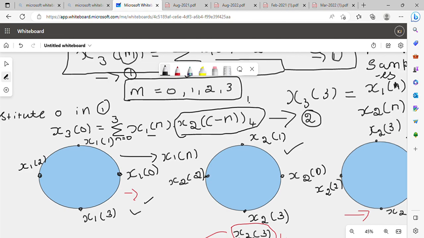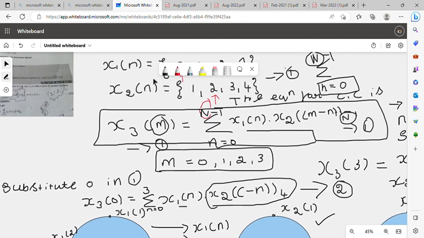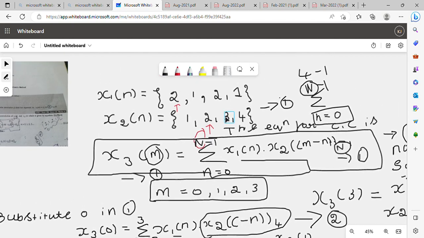Equations number 2, 3, 4 and 5 are the same for all the 4-point DFTs. Your numbers will vary, that's all. What varies is the question, that is, this x1 of n. These two sequences will vary, but not this equation and equations 2, 3, 4 and 5. They will be the same.